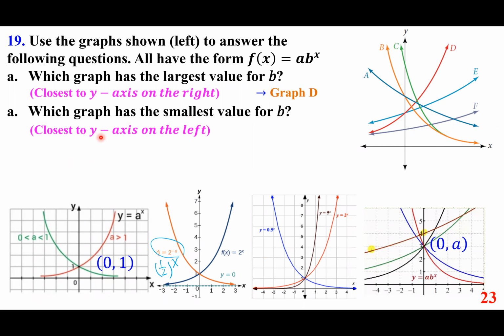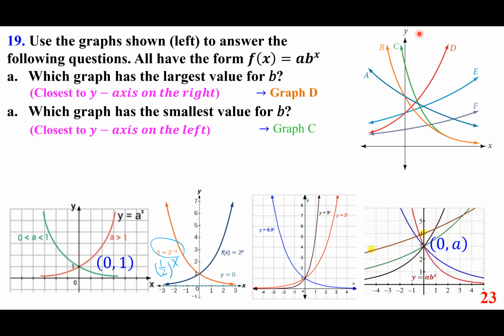So closest to the y-axis on the left side has the smallest value, because we're going to go with this one, for example, 1/2 to the power of x. We're not going to go with the negative exponential, but rather look at this base. In essence, 0.5 corresponds to 2. So for that, we have the green one, graph of C.